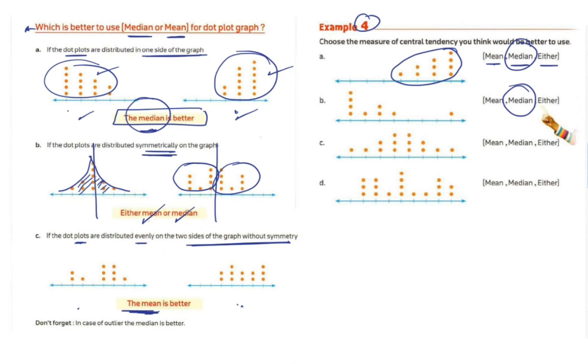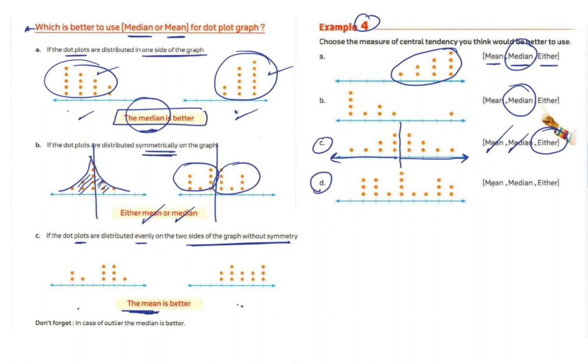Okay. But look here, we have symmetric. This part is like this part, right? So it's okay to use the mean or the median. I will call it either median or mean. Okay, last point, I have this shape. This shape is randomly distributed.